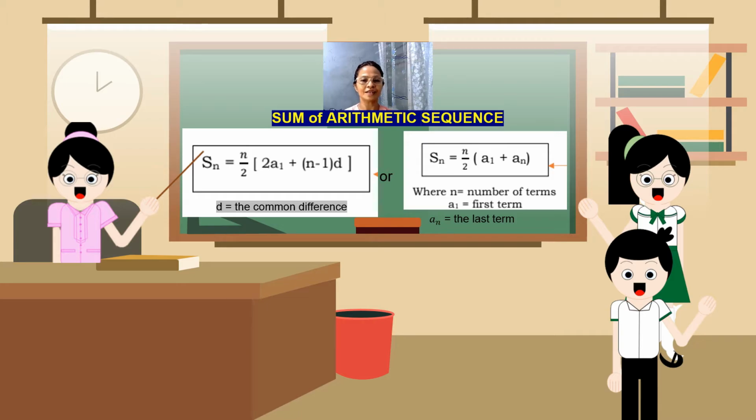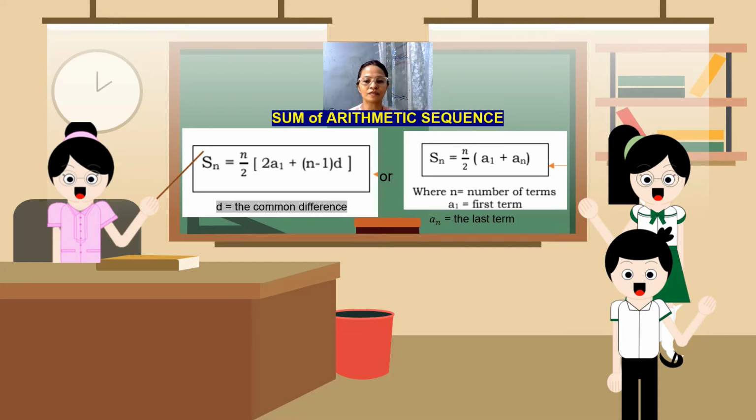There are instances that we need to add the terms of an arithmetic sequence. That is why you must always remember these two formulas in finding the sum of an arithmetic sequence. First, S sub n equals n divided by 2 times the quantity of 2 times the first term plus the quantity of n minus 1 times d, wherein d is the common difference.